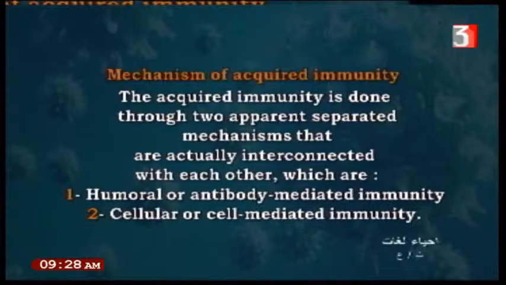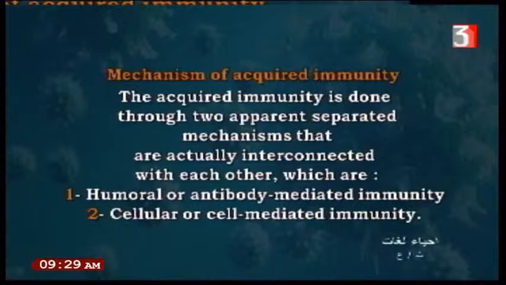What is the mechanism of acquired immunity? The acquired immunity is done through two apparently separate mechanisms, but actually they are interconnected with each other. The first is known as humoral or antibody mediated immunity, and the second is known as cellular or cell mediated immunity.